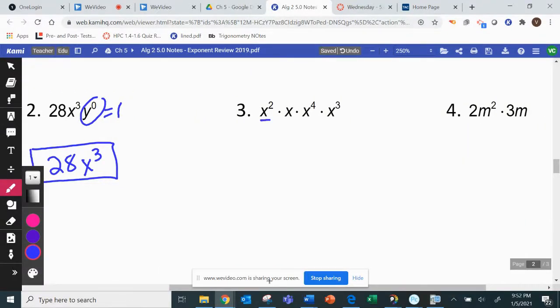Okay, I've got like bases, like bases, like bases, like bases. When I multiply, I add the exponents. So I'm going to add 2 plus, there is a 1 right here, plus 4 plus 3. So I get x to the 10th.